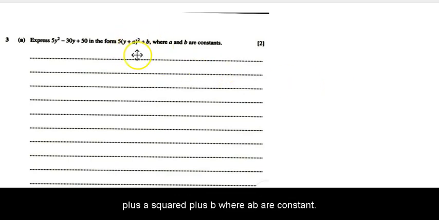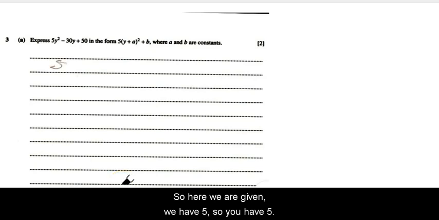Here we are having the next question. Express 5y squared minus 30y plus 50 in the form 5 into y plus a squared plus b, where a, b are constant. So here we are given, we have 5.